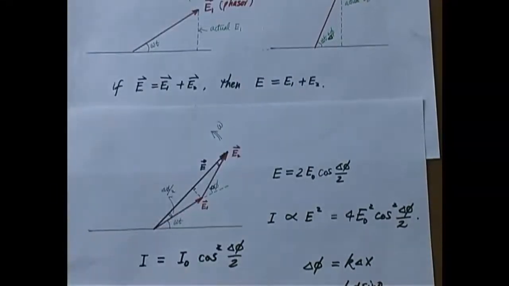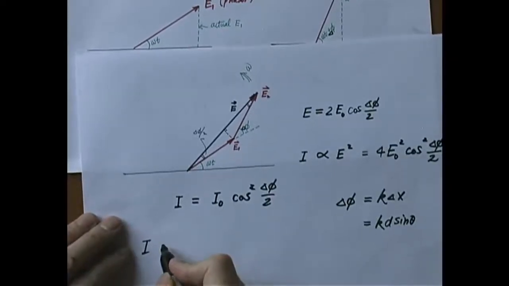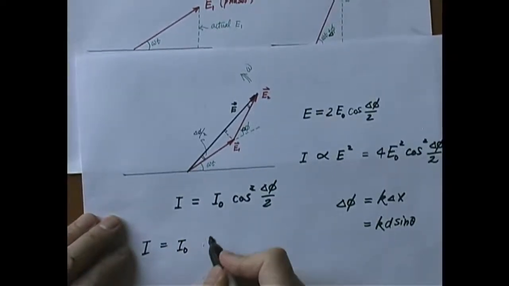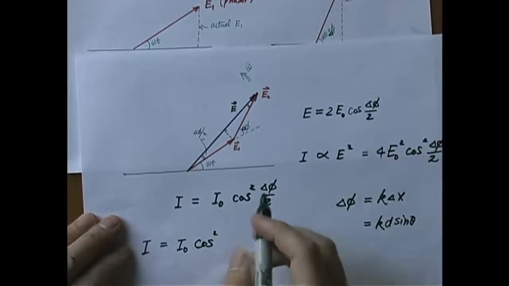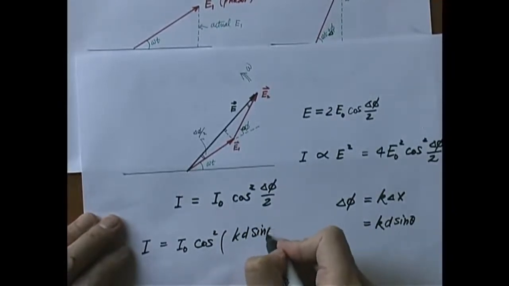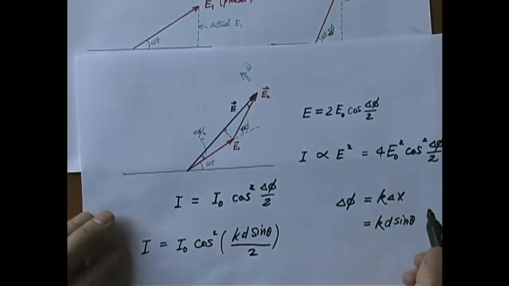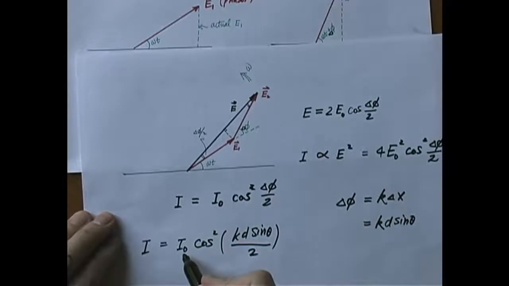Plug that delta phi expression in, then I get I equals I naught cosine squared of k d sine theta over 2. The only thing I have left to do is to determine what I naught is equal to.